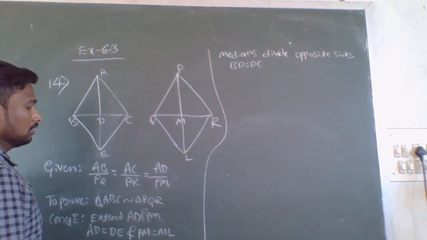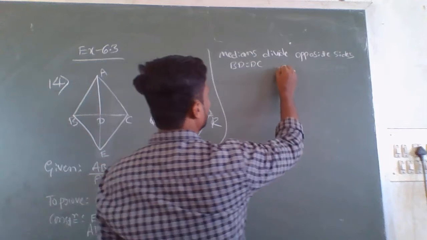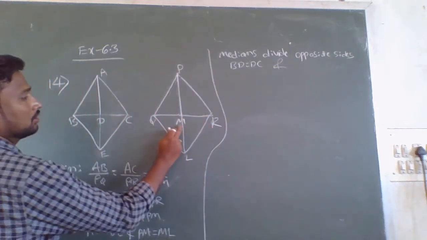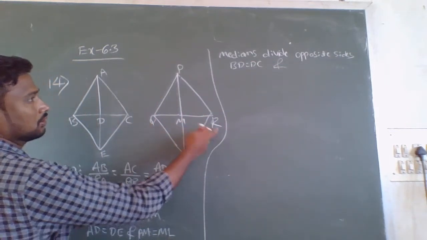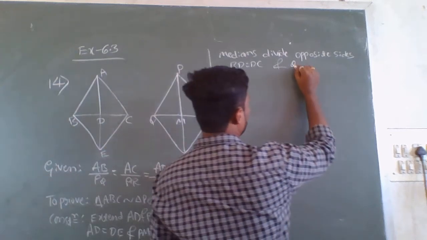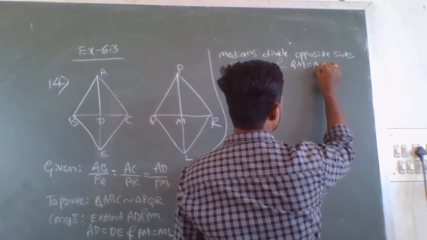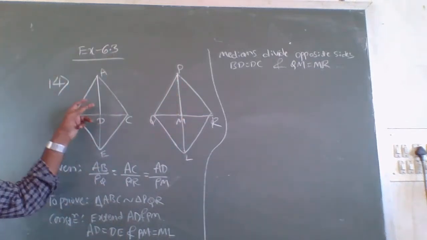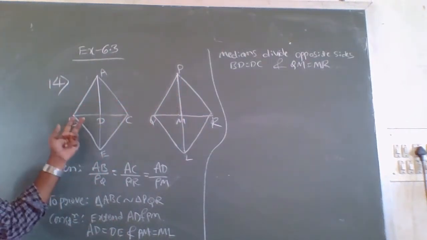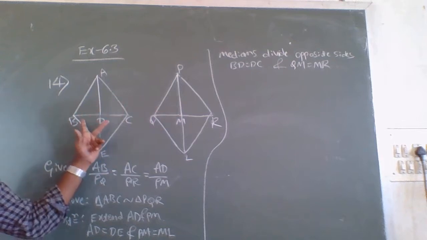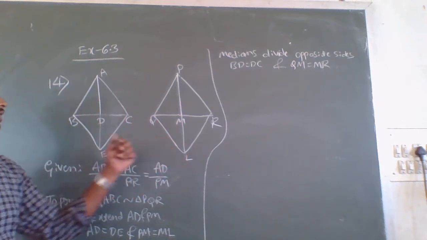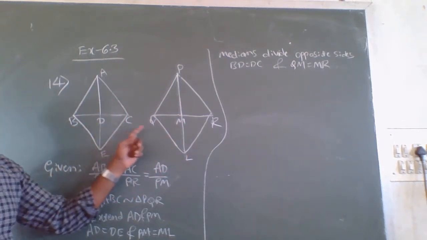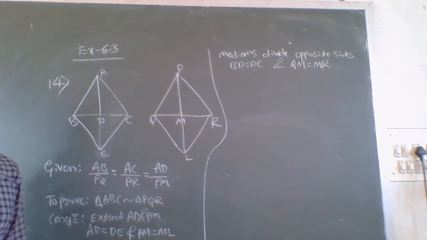In the same way, QM is equal to MR, because medians divide opposite sides. Here AD and PM are medians. These two divide the opposite sides BC and QR in such a way that BD is equal to DC and QM is equal to MR.